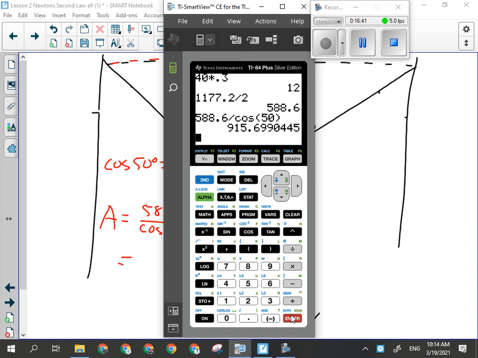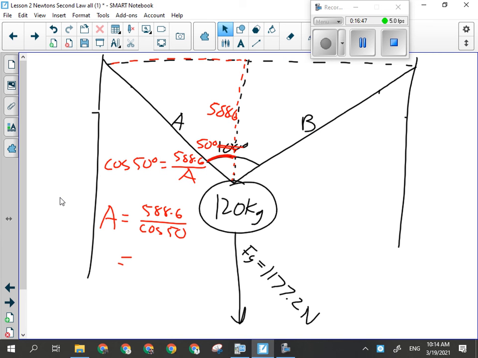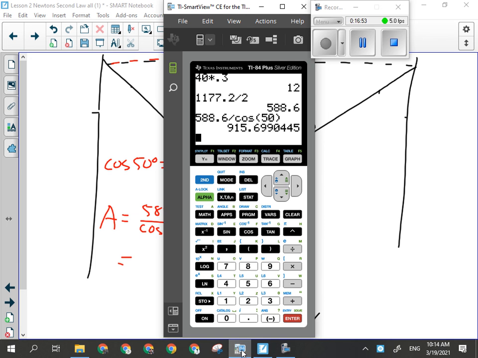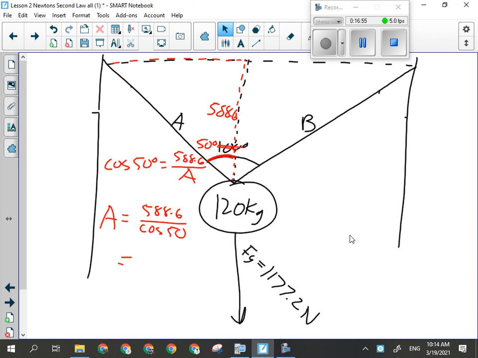Each one of those cables has 9.2 times 10 to the 2 newtons. Actually, we've got 3 significant figures, so 916 newtons, directed 50 degrees left of vertical or right of vertical, depending on which cable you're talking about. 50 degrees from vertical.